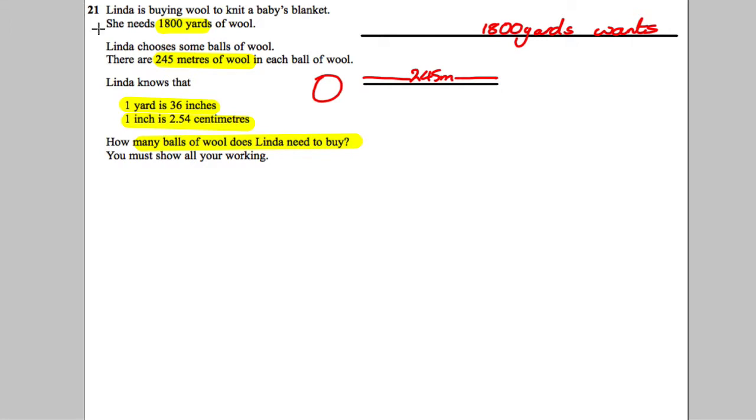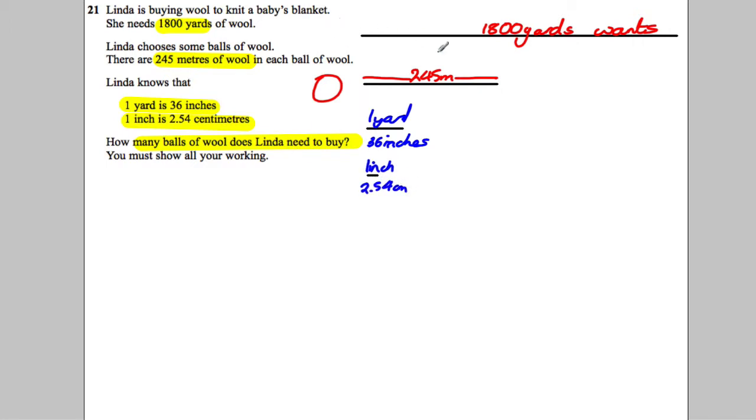And also we know the following two things. We know that 1 yard is the same thing as 36 inches, and we also know that 1 inch is equal to 2.54 centimeters.